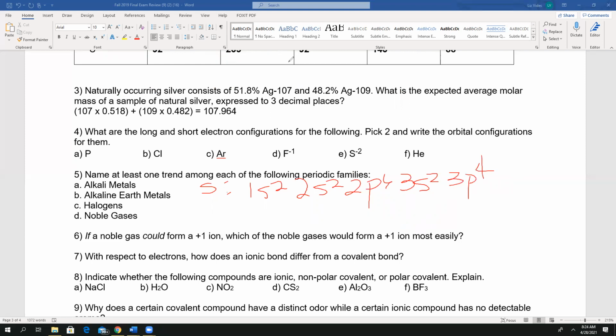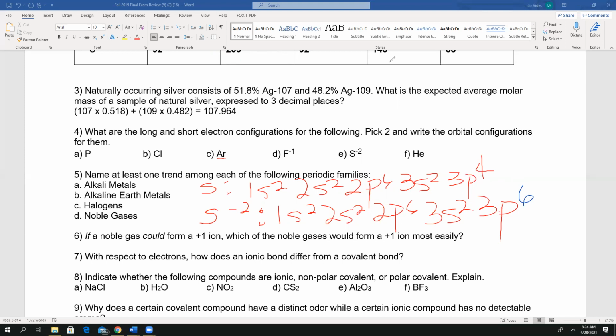That would be sulfur itself, right? Sulfur with a -2 means you have 2 extra, right? So it's going to be 1s2, 2s2, 2p6, 3s2, and 3p. And I'm going to make this one in a different color just to make a point that that's what's changing, right? Because you're going to add 2 to it, and those 2 are going to be there.